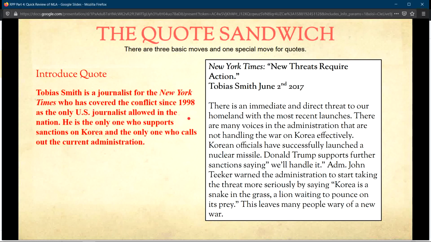So Tobias Smith is a journalist for the New York Times who has covered the conflict since 1998, so that's really what lends him to be an expert on the subject. As the only U.S. journalist allowed in the nation, he is the only one who supports sanctions on Korea and the only one who calls out the current administration.